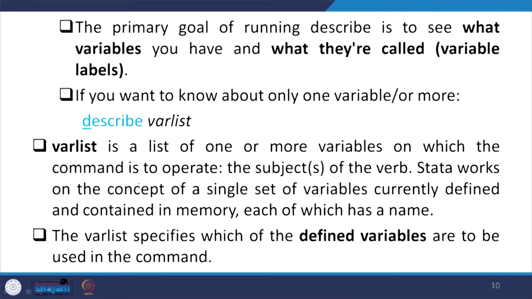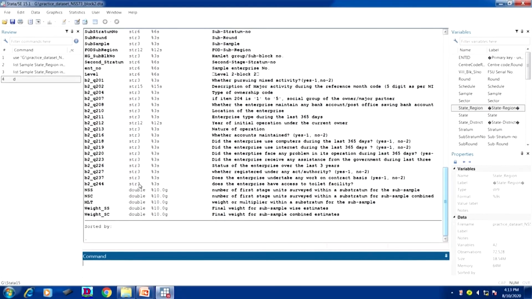If you want to know about only one variable or more, use describe with a variable list; the screen which we have just shown you actually describes the entire variable list.